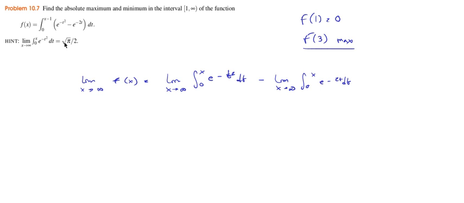Now this is where the hint comes in. This is going to be the square root of pi over 2, and this is an improper integral, and we're not going to go into how to compute this.